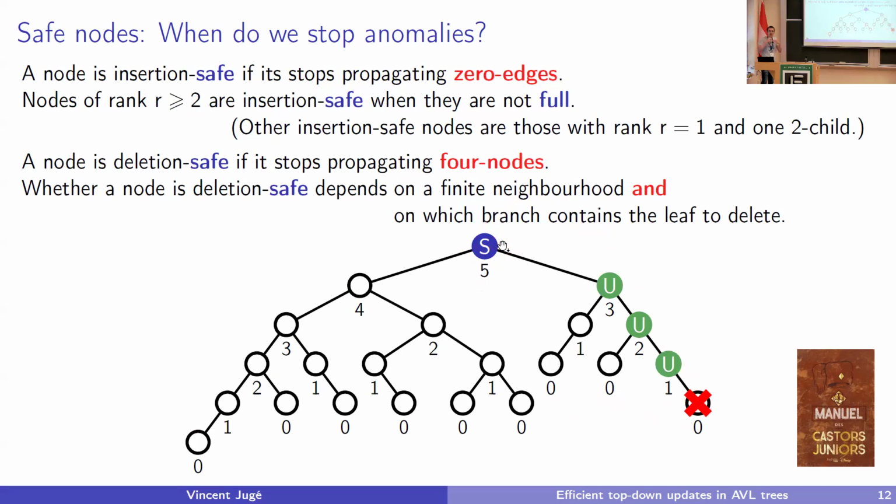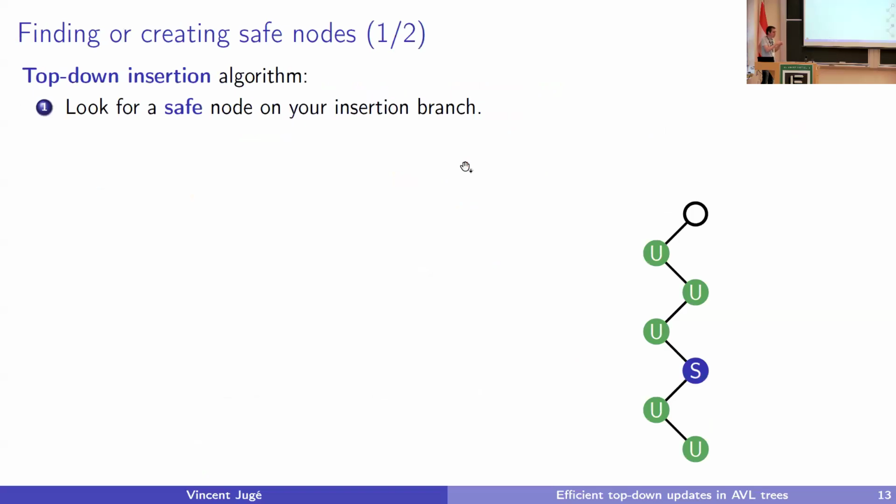So really, it's not intrinsic to the node, it's intrinsic to the node and which branch I'm working at. So it's a bit more complicated, but it's standard when you are working with balanced trees, that deletions are quite significantly harder to deal with than insertions. Anyway, I have some finite neighborhood I should look at, and I know from this neighborhood where is the branch I must act on. So I will know whether my node is safe or unsafe.